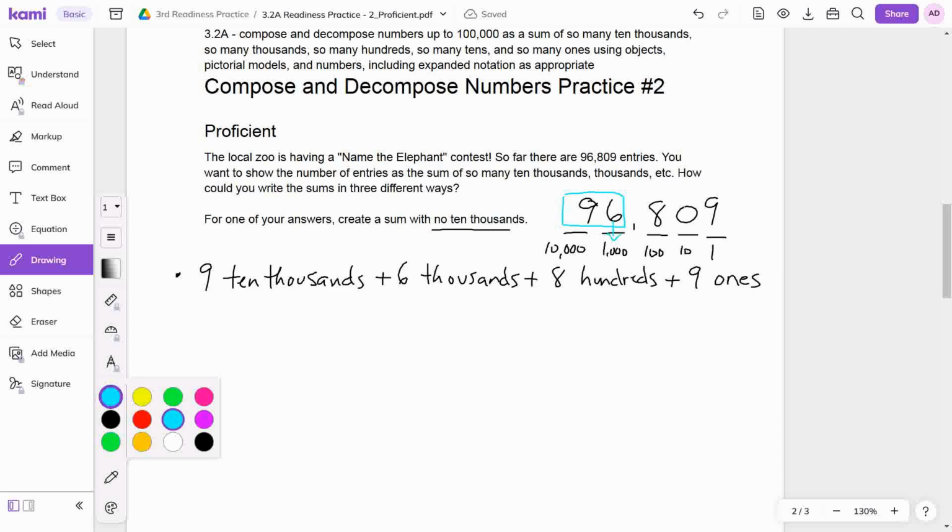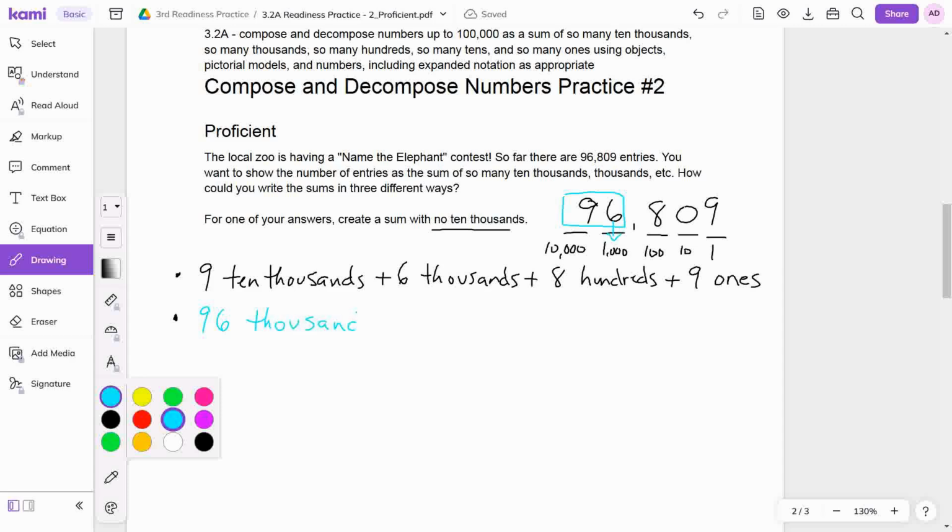So 96 what? Well, when you put these two together, you always need to see where the last digit is sitting. And the last digit is sitting in the thousands place, and that makes sense. 96 thousands is the same as 9 10,000s and 6,000. So I'm going to write 96 thousands.